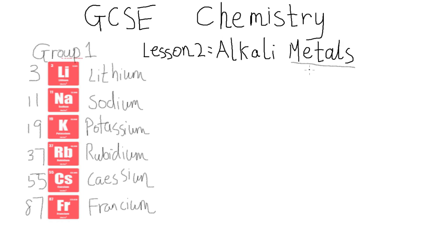However, alkali metals are just the opposite. They have low melting points. They are soft, so that you can even cut them with a knife, and they have very low densities. Furthermore, they are very reactive to other elements, especially oxygen, chlorine, and water.